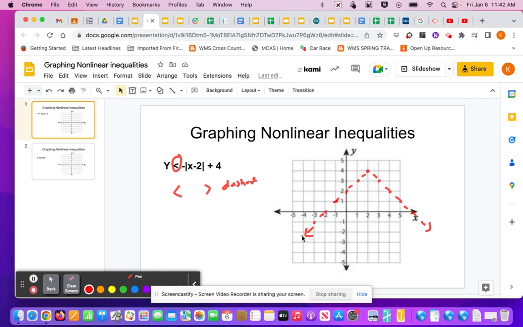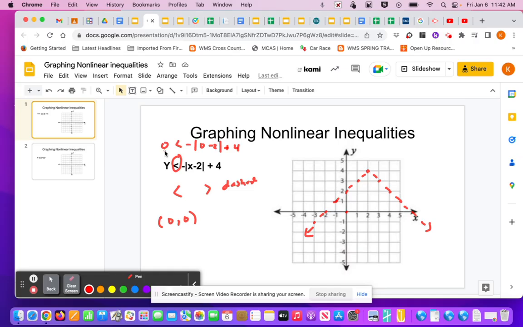But now remember, we're looking for the solutions that satisfy this inequality statement. Just like the last video, I'm going to pick the origin. Origin's nice and easy to work with. Let's see if it works right here. So I plug in the origin, (0, 0). When I plug that into this inequality, I get: is 0 less than the opposite of the absolute value of 0 - 2, plus 4?